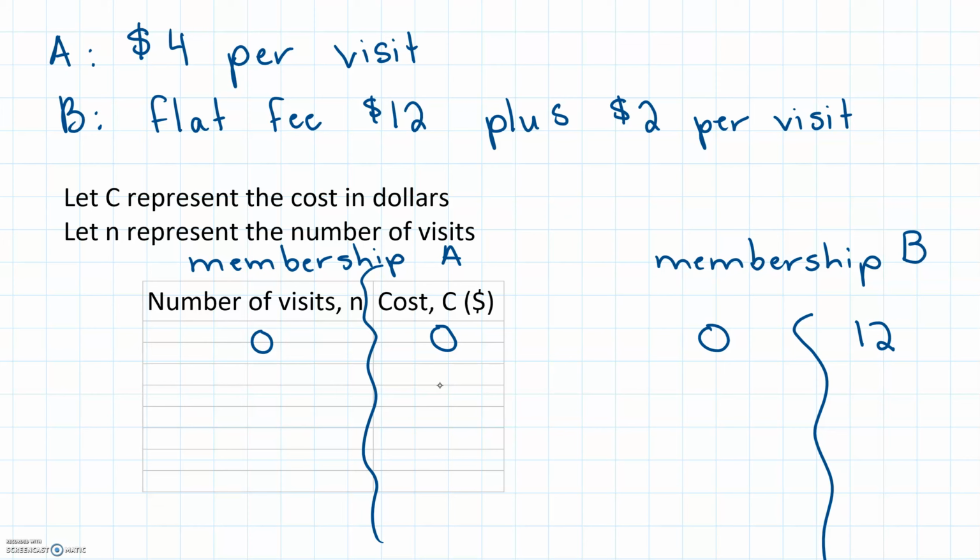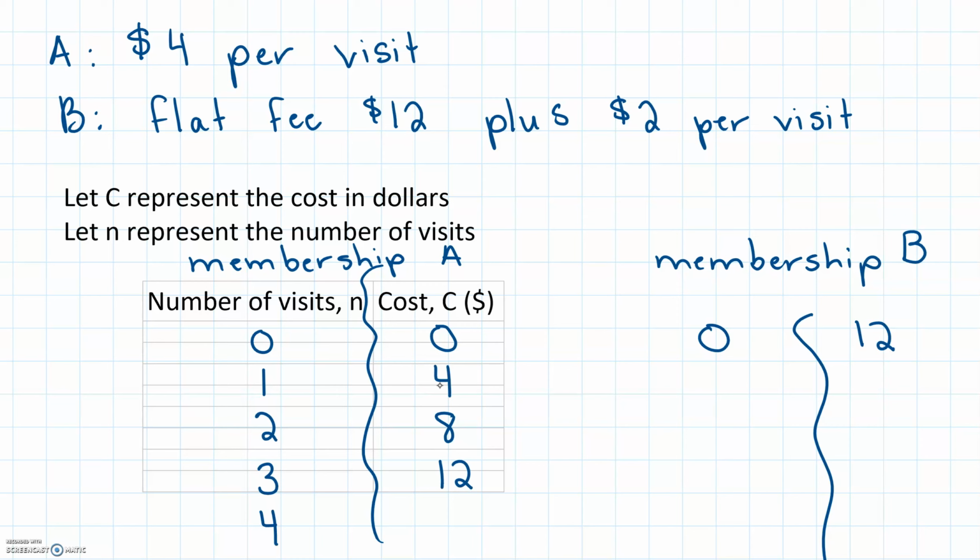Okay, so let's continue membership A and then we'll go on to membership B. I want to go up by ones, the number of visits. If I go for 1 visit, the cost is going to be $4 because it's $4 per visit. If I go 2 times, it's going to be $8. If I go 3 visits, it'll be $12, and so on.